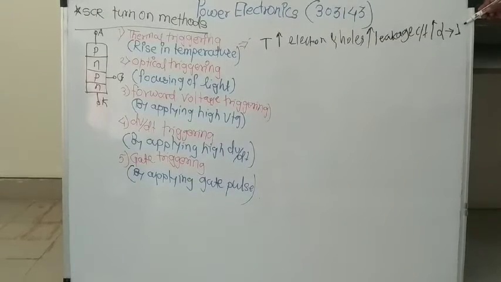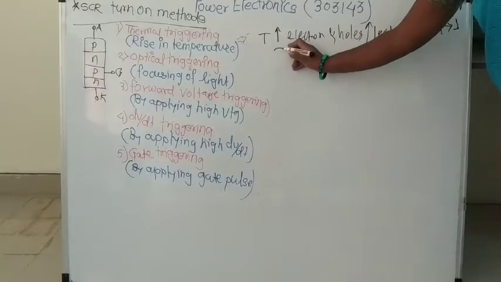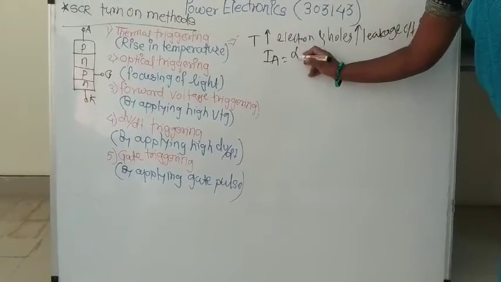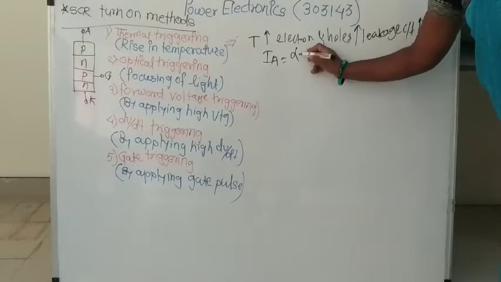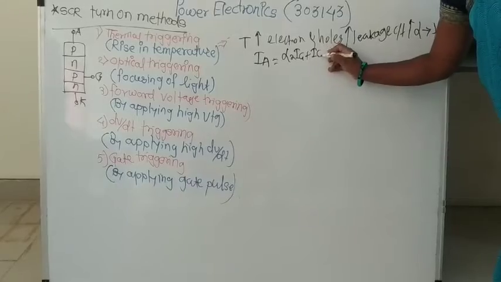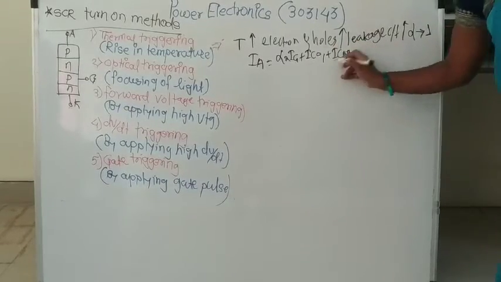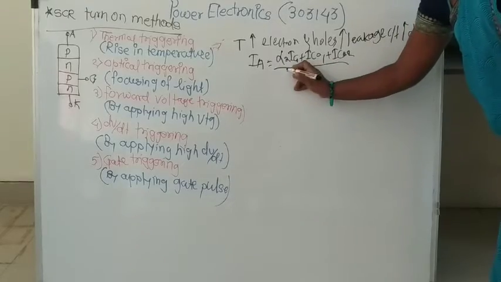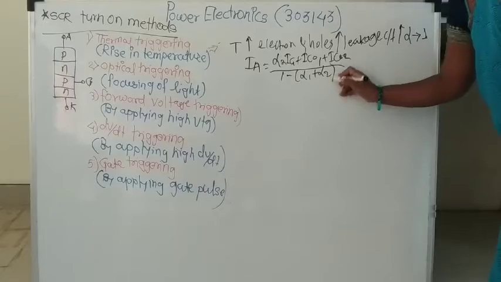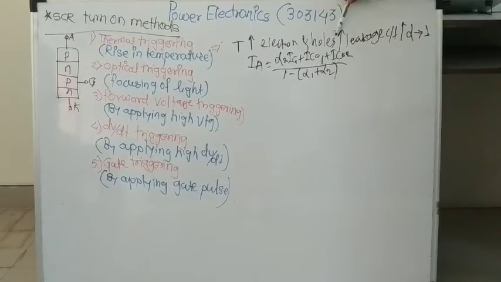And when alpha tries to become 1, at that time we know the equation for anode current IA is equal to alpha 2 Ig plus ICO1 plus ICO2 upon 1 minus alpha 1 plus alpha 2. As I already told, temperature increases means electron hole pairs increase.